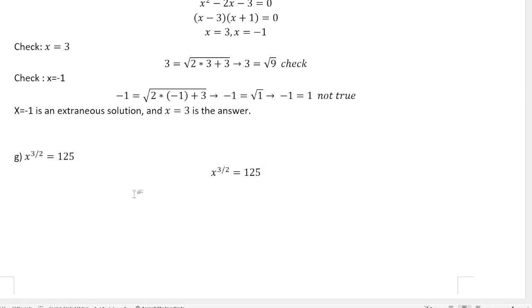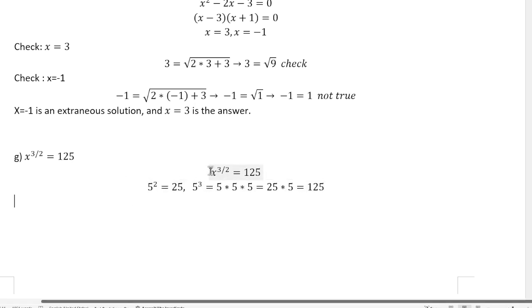So you should notice that 5 squared is 25, and 5 cubed is 5 times 5 times 5. So it's 25 times 5, which is 125, right? So since 5 cubed is 125, you want to rewrite this as 5 to the third power.